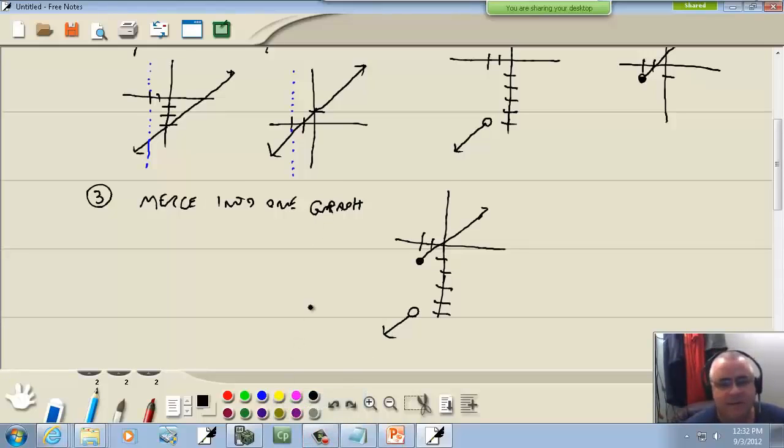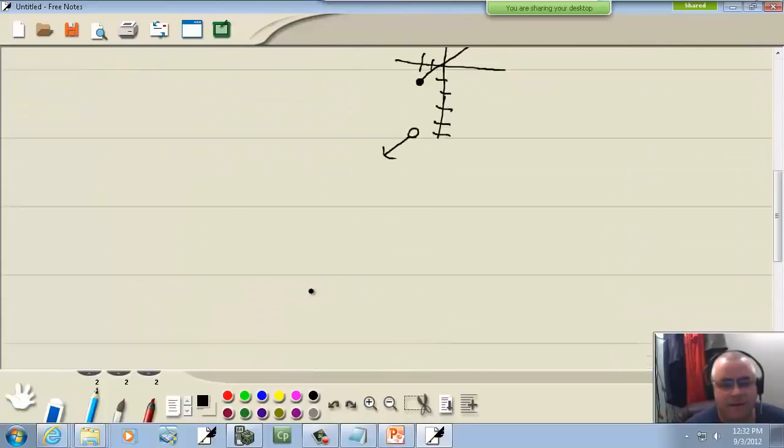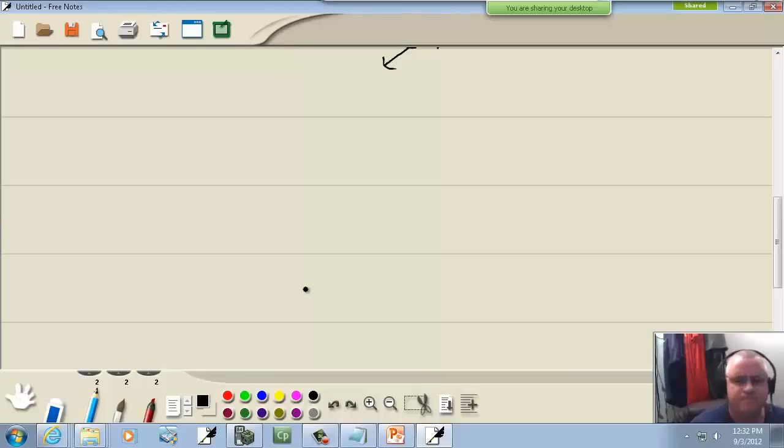Let's take a look at how to do this on the calculator. And let me write it over. I got f of x is equal to x minus 3 and x plus 1. x is less than negative 2 and x is greater than or equal to negative 2.